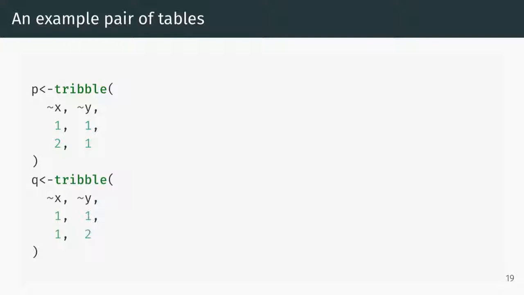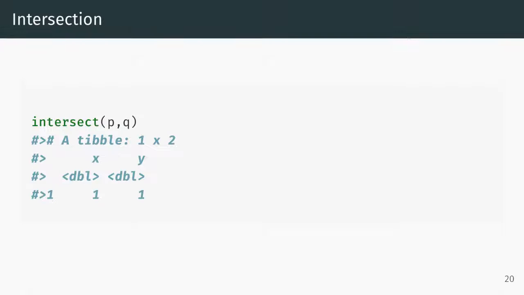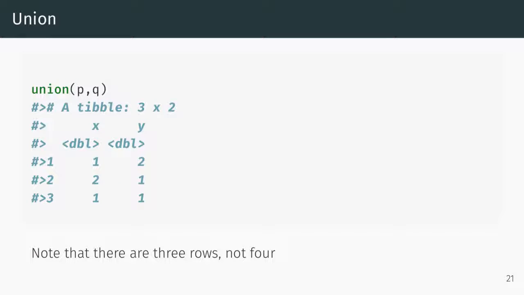So here's an example. Here's a pair of tibbles P and Q, and P and Q both have a row in common. So row 1 is the same in both, but row 2 is different. Row 2 does not have a match in the other. So if we do the intersection between the two, intersect PQ, we just get row 1. If, on the other hand, we do the union, we get row 1 and row 2.